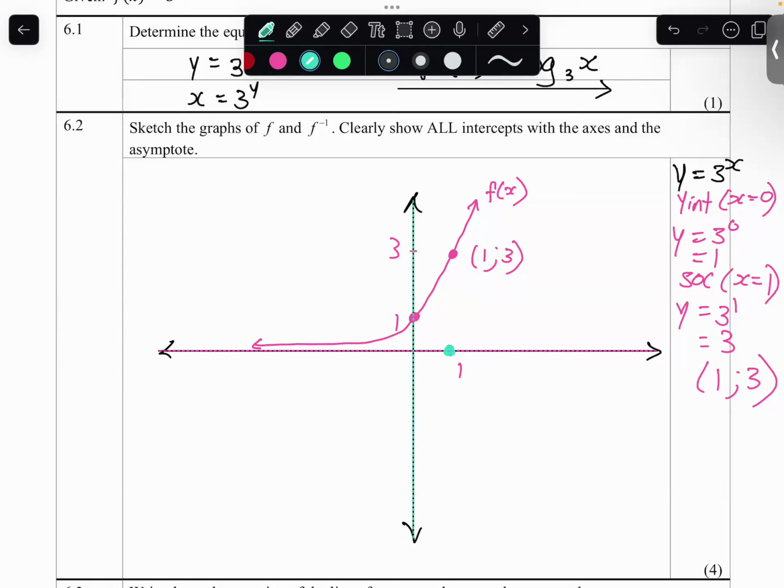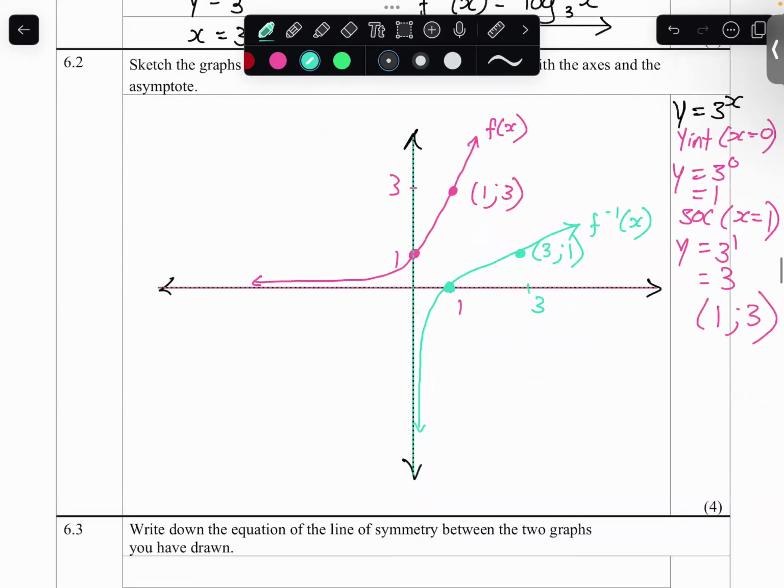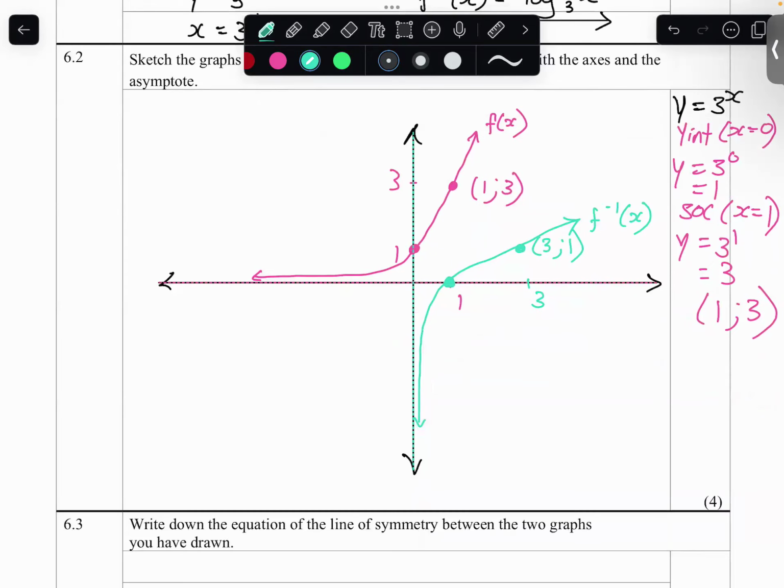And what was a set of coordinates of 1 and 3 is now a set of coordinates of 3 and 1. Everything just swaps around. Make sure you don't pass through the asymptote. So this is f to the minus 1 of x. And that's the two graphs.